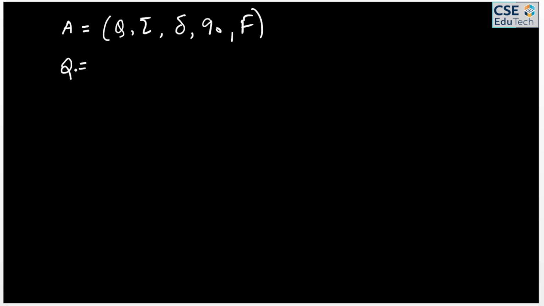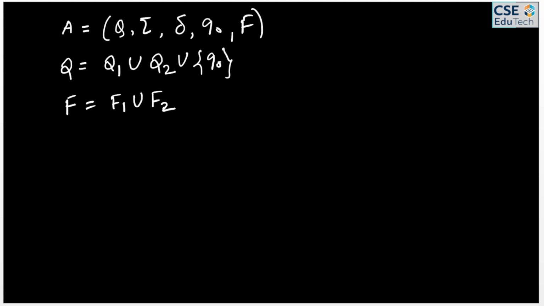Q will be the Q1 states union the Q2 states, along with the Q naught, which is introduced as the new initial state. Now what are the final states? F will be F1 union F2. And Q naught is the initial state.